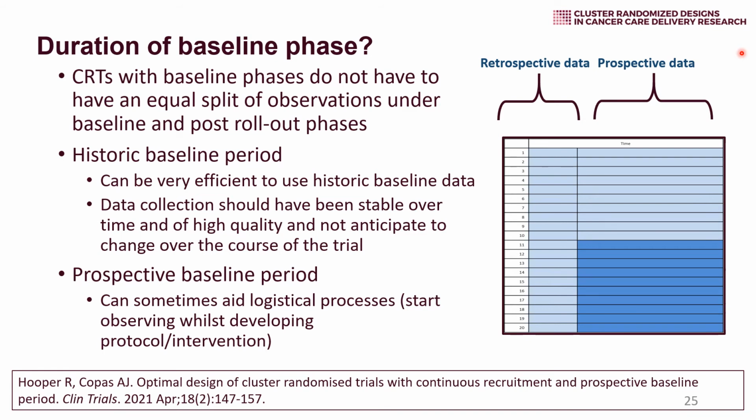Now, when outcomes are based on routinely collected data, it can be very efficient to use this historic or retrospectively collected baseline data, so long as the data collection has been reasonably stable over time and we don't anticipate any changes with the way that the data has been collected over the duration of the trial, else these data here will not be comparable with those data there.